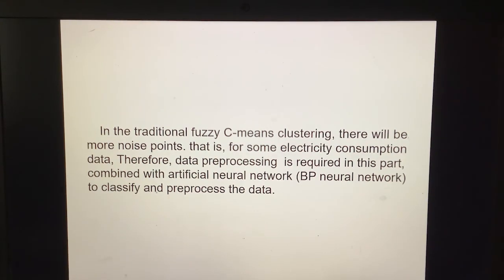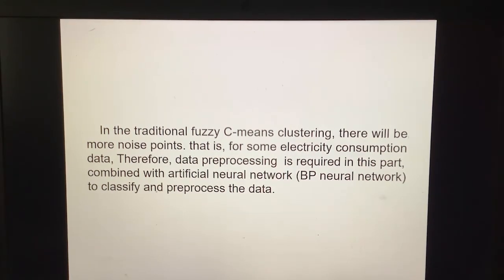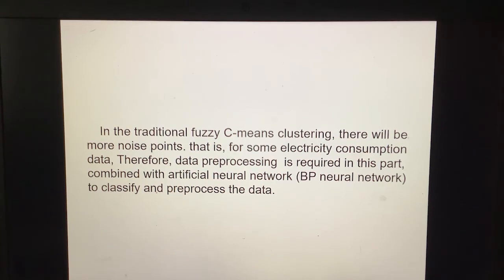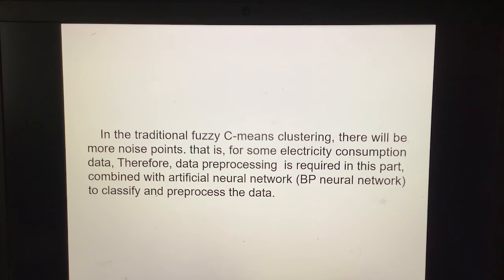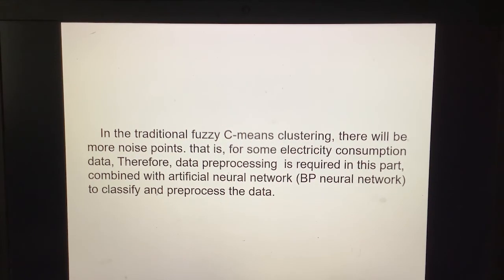Therefore, data preprocessing is required in this part, combined with artificial neural network (BP neural network) to classify and process the data.